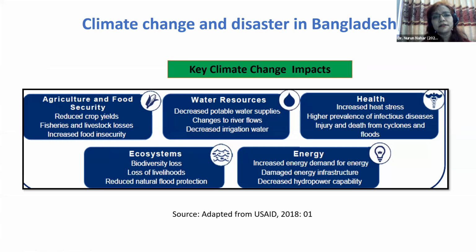From the Bangladesh perspective, we can sum it up as agriculture and food security, water resources, health, ecosystems and energy. All these vital systems will be jeopardized or at risk in various ways because of climate change impact. Climate change will increase the intensity and frequency of the disasters that I just mentioned earlier.